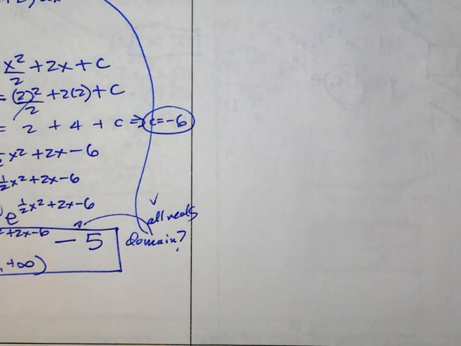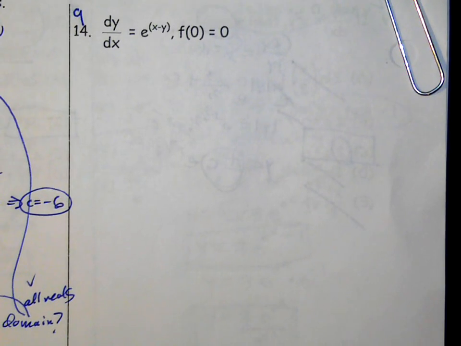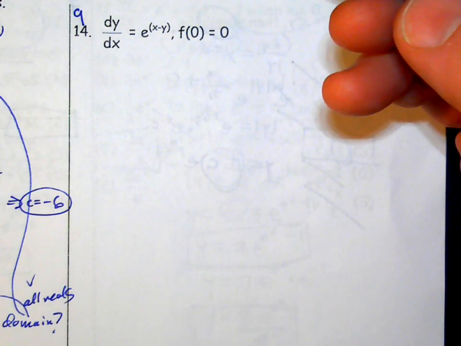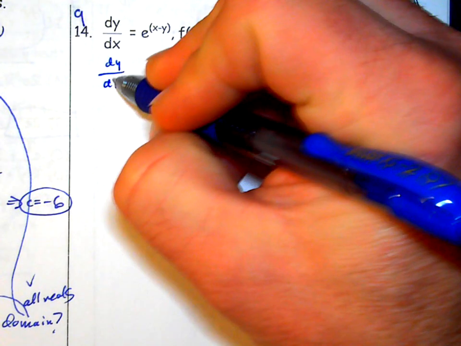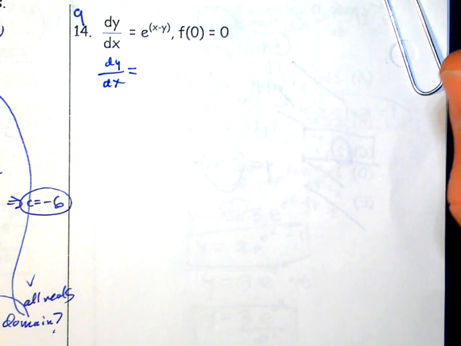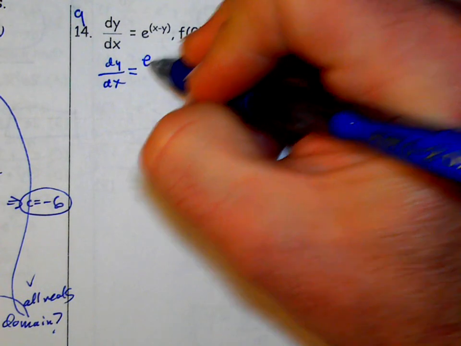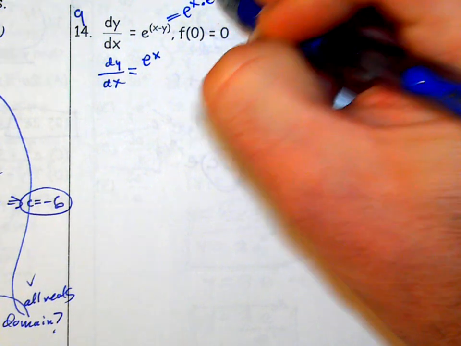Number 14. Now, I think number 14 is kind of challenging because how do you separate x and y here with multiplication and division? You can't. So I'm surprised there aren't more questions on this one, because this one takes a little step of creativity. This is the same thing as e to the x times e to the negative y, right?